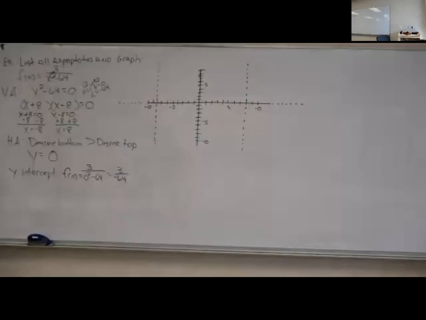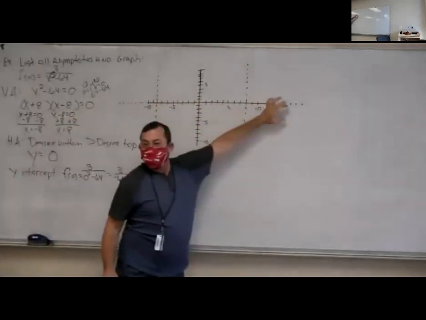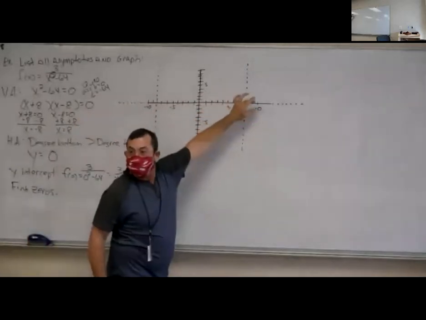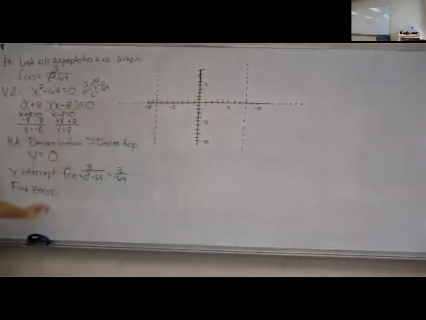Now, zeros are where it crosses the x-axis at, right? So to find the zeros, you would take the numerator and set equal to 0. The reason I'm doing that is because I'm trying to see if this thing's going to cross over this x-axis anywhere, okay? Because zeros is where I cross that, right? To find zeros, you set the numerator equal to 0.